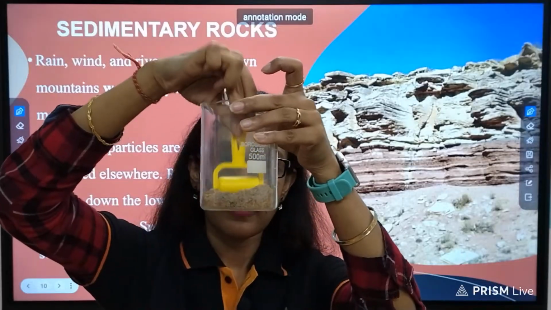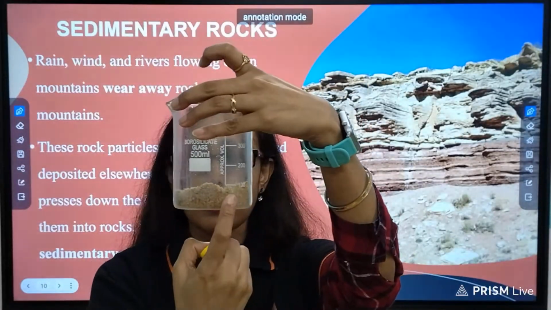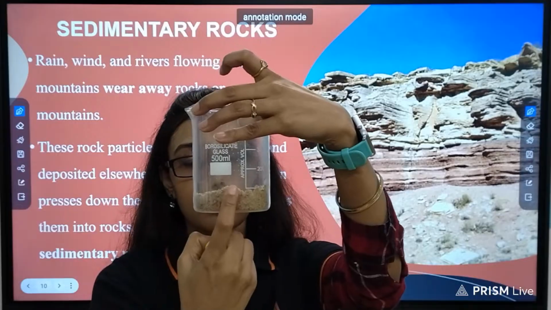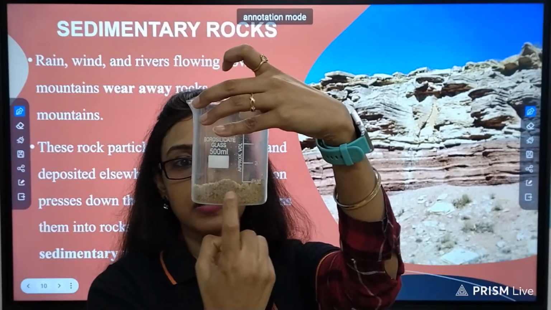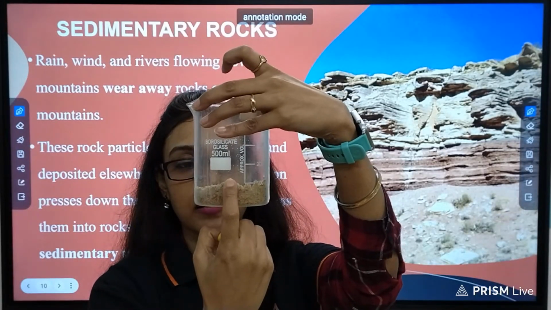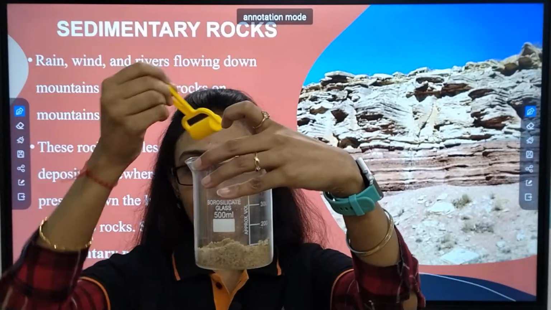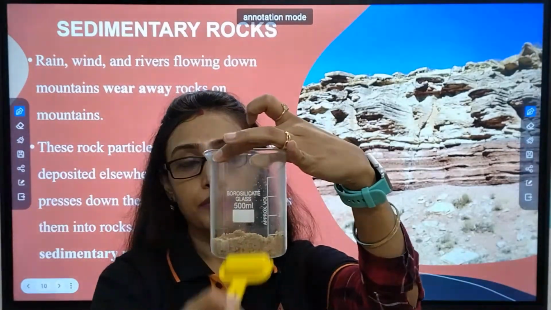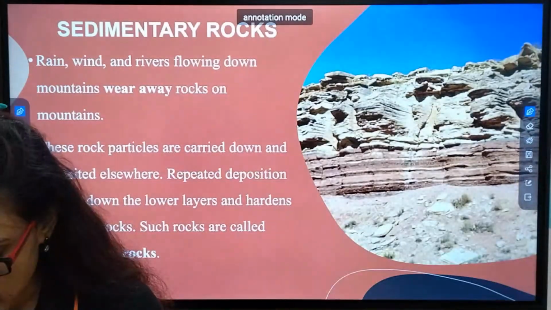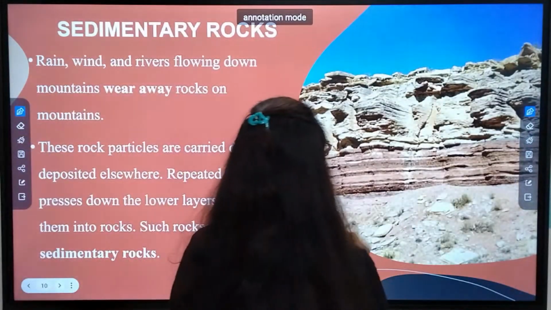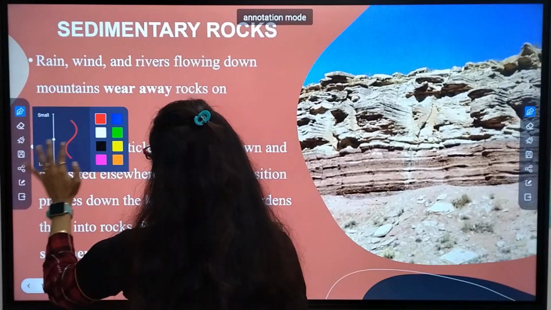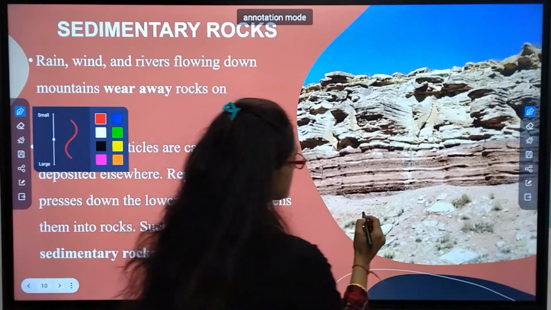See, the previous layer formed is bigger. Previously the layer was up over here, now it has increased. The more and more sand I add, the layer will keep on rising. This is the process by which sedimentation takes place or sedimentary rock is formed.